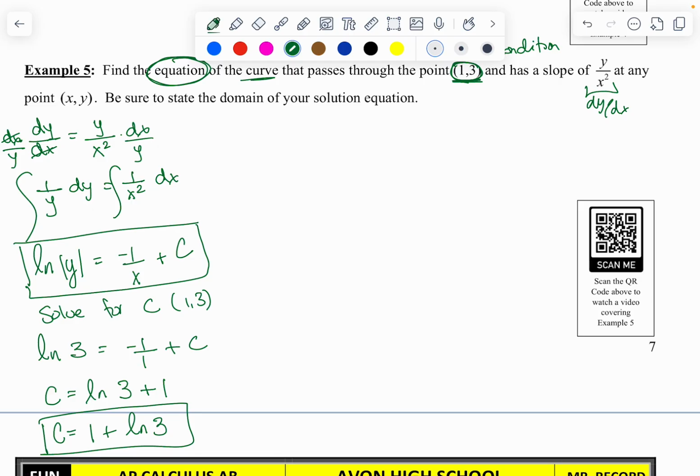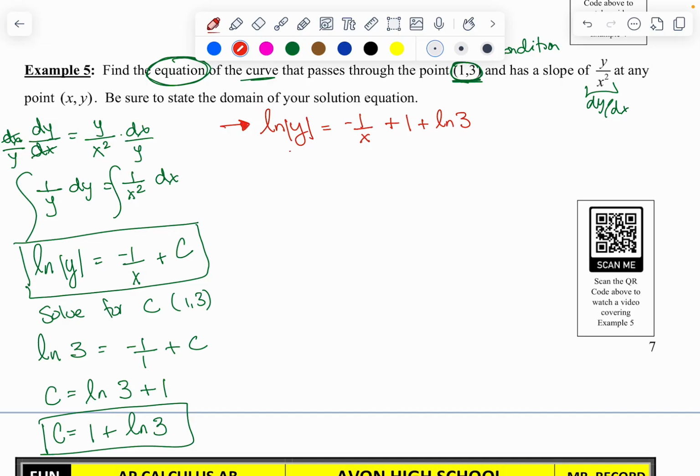All right, now that we've solved for c, we have almost our particular solution. This is technically the particular solution.